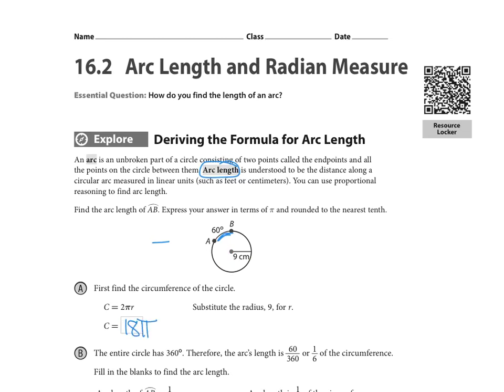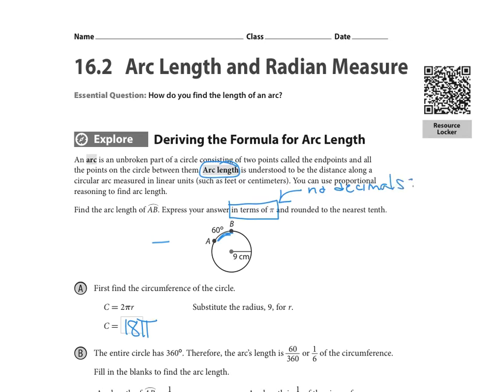Now, there are two different ways you're going to be asked to give your answers in this section. One is called in terms of pi. That means there are no nasty decimals in my answer.